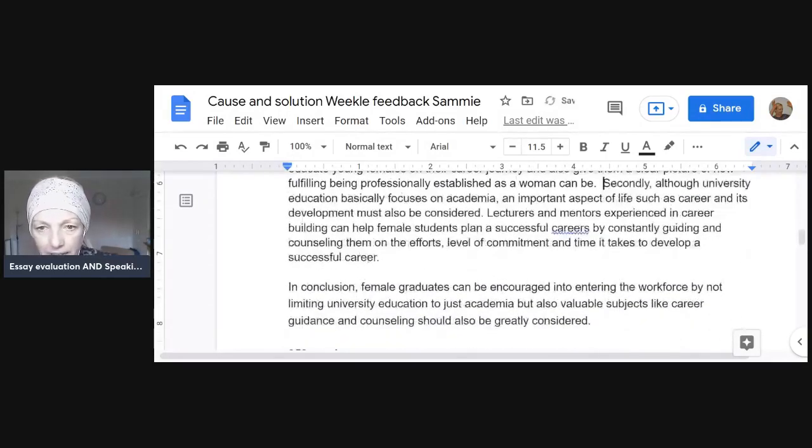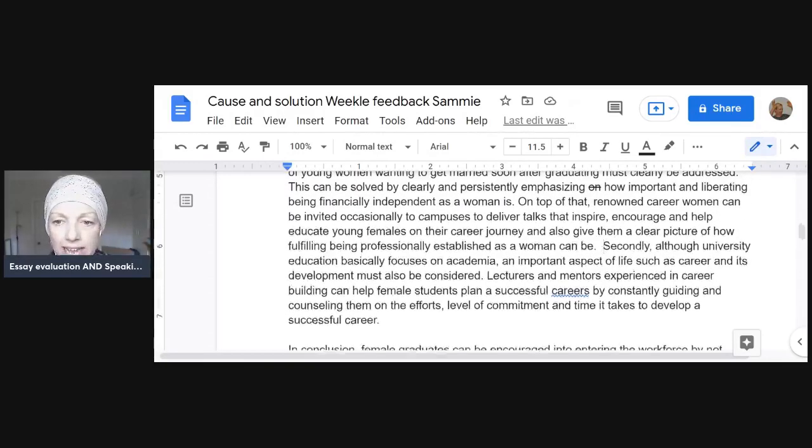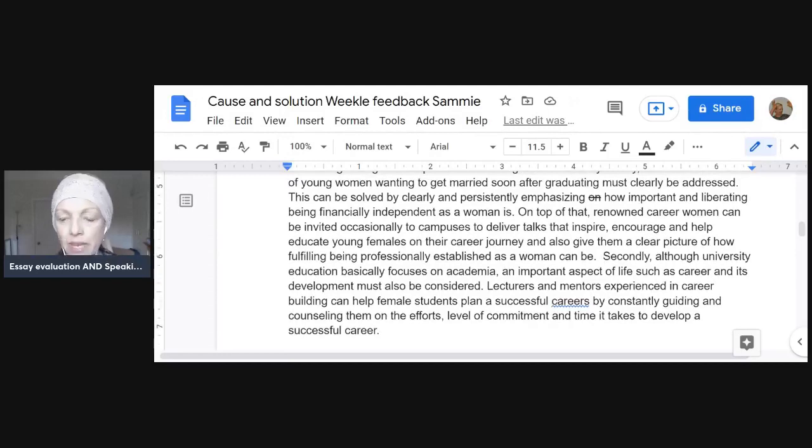Secondly, okay, so read through this with me, everyone, and then we're going to see how we can reduce it. Secondly, although university education basically focuses on academia, an important aspect of life, such as career and its development, must also be considered. Lecturers and mentors experienced in career building can help female students plan successful careers.